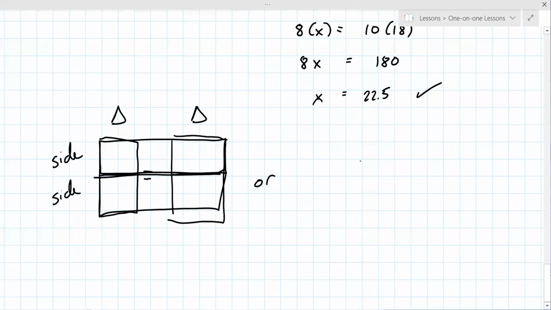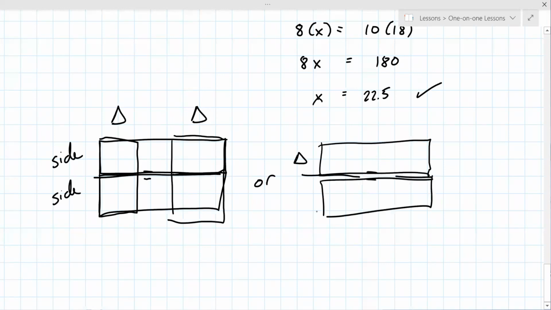Or, and this is very important, you could make the top part the triangle, the bottom part the same triangle, the first triangle, second triangle, and then vertically that could be the corresponding sides. Maybe that wasn't very clear now that I said that out loud, but the point is you get a choice. You just have to do the same orientation for each one.